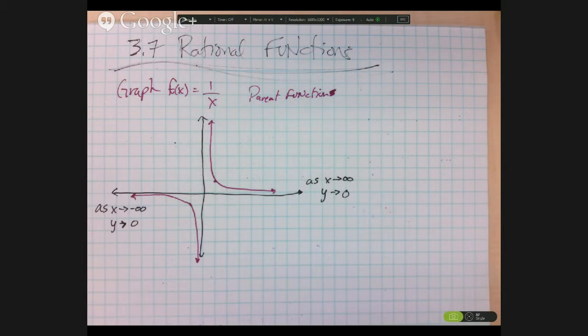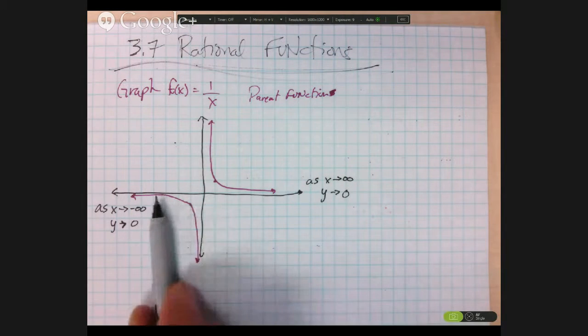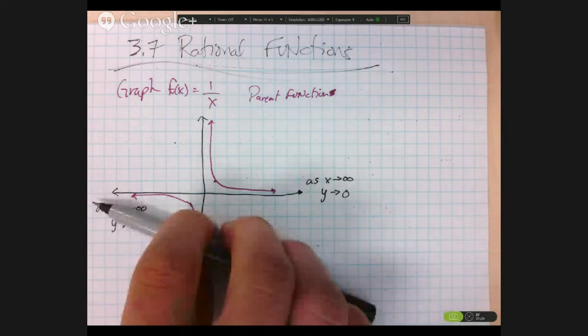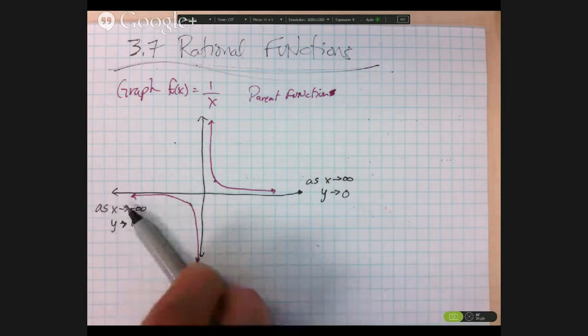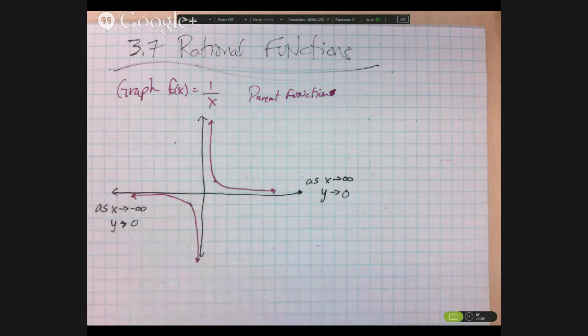How does y approach 0? Well, the y is the up and down, right? So as we come out to negative infinity, we're getting closer and closer to 0, but we never touch it. On this one, it will never touch it.